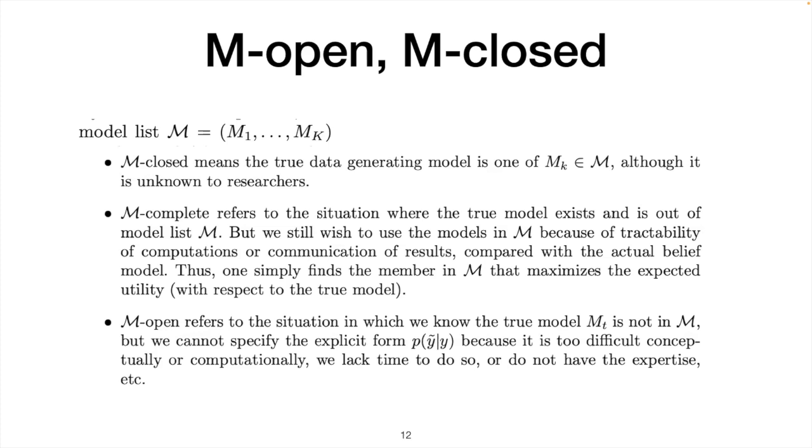And when you have M complete, even though you don't acknowledge that one of the models in the model list is correct, you select one of the models as the proxy of the truth. And when you do model averaging, you can use the best model as if it's a correct model, and you can do projection inference. It's a more subtle difference on the specific techniques that we would be using in terms of model comparison.